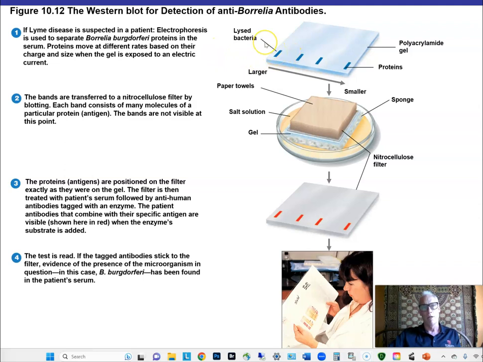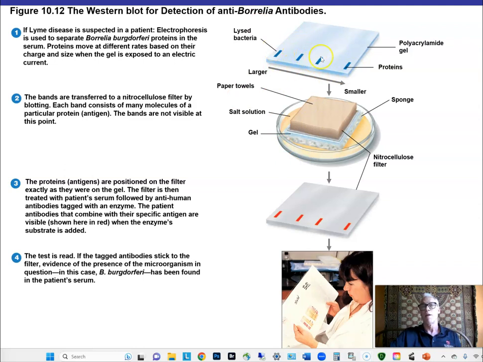So we have a bunch of Borrelia growing in a cauldron, bust them all up, and separate their individual proteins. We put a little well at the top of this gel, which would hold all the antigens from Borrelia. And then you apply an electric field from top to bottom of this gel. The gel would be trapped between two glass plates. And then you just set up an electric field, and the proteins have electric charge, and they will move in the field as they travel down through this gel. They'll separate because every protein has slightly different properties. They move at different rates depending on their size and the amount of charge.